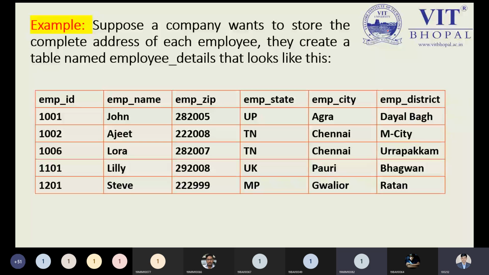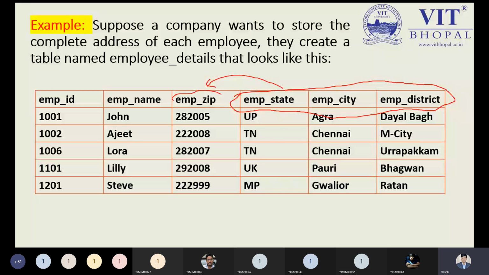So, sir, here can we say this employee city, employee state, and employee district, all three transitively depend on employee zip? So we will remove these three attributes at the last. Yes, just like the previous example.